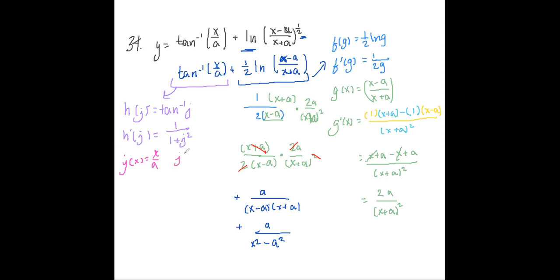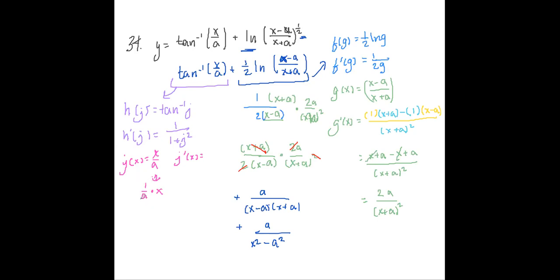What is j prime going to be? This is the function is of x. So it's basically 1 over a times x, right? 1 over a is not a variable.